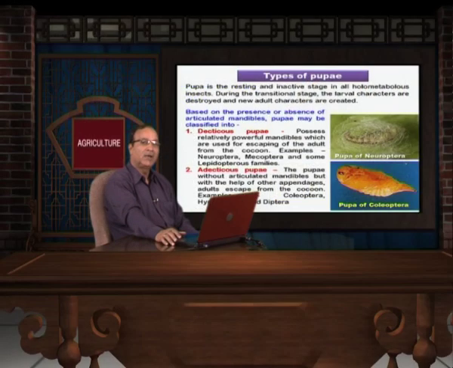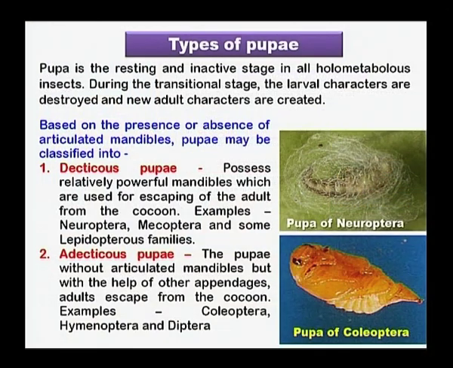Now, coming to the types of pupae. Pupa is a resting or inactive stage in all holometabolous insects. Holometabolous insect means the insects which have all the 4 stages in their life cycle. Now, based on the presence or absence of articulated mandibles, these pupae may be further classified into various types.